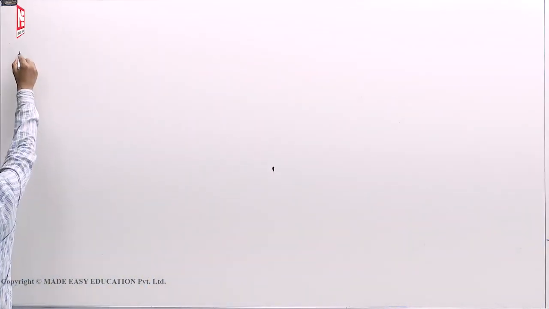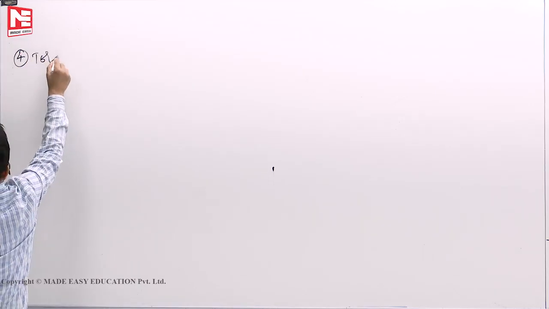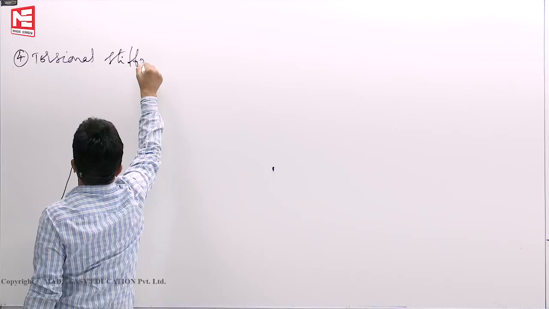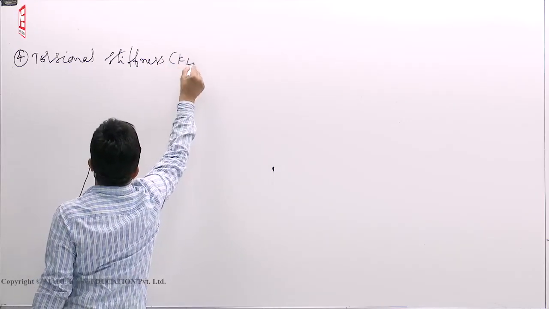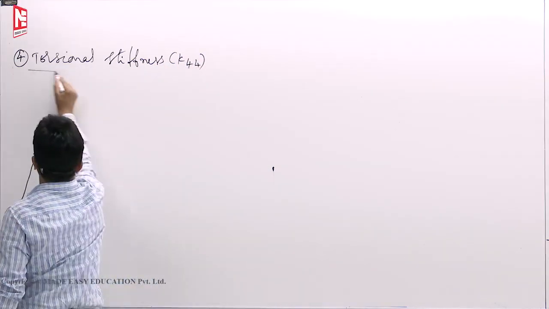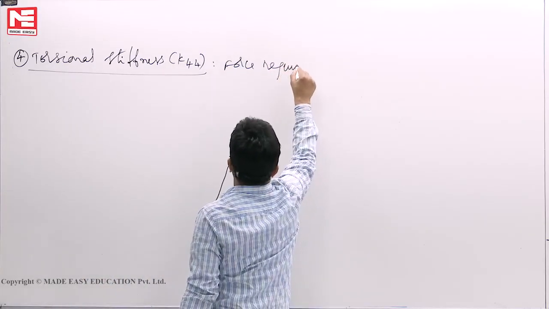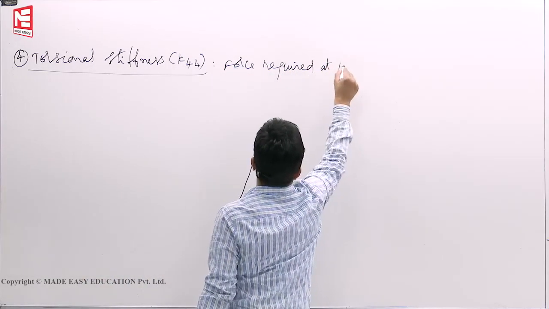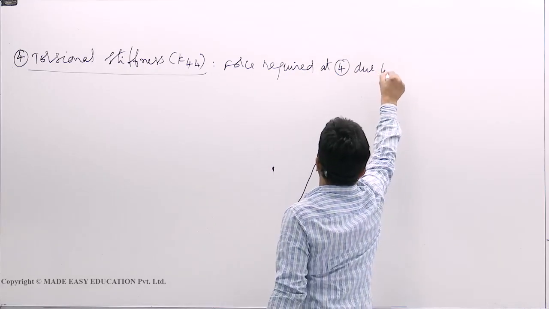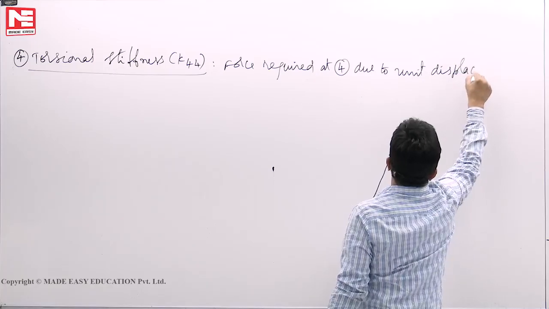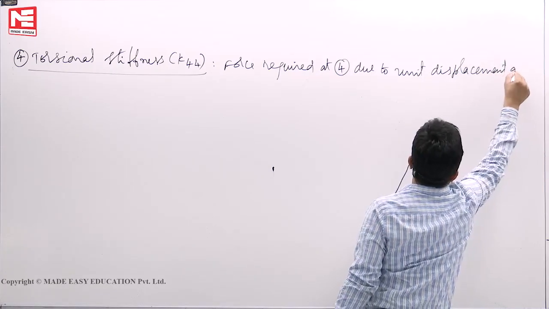Now, fourth one is torsional stiffness. We call it as K44. Force required or developed at 4 due to unit displacement at 4.